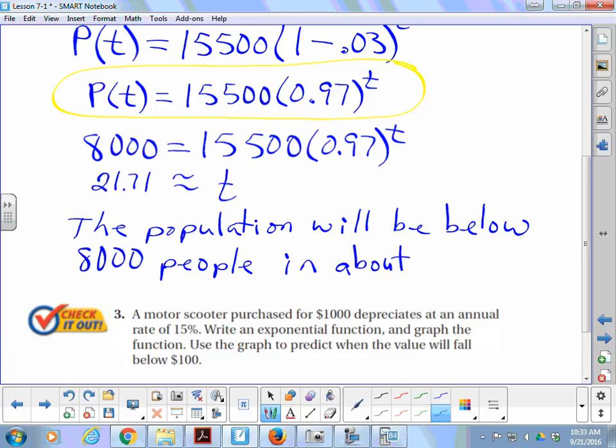Now, before I finish that, I want you to understand 2 things that are acceptable here. One is, I want to see this number, t is approximately 21.71, but the population will be below 8,000 people in about 22 years. Okay, why would I use 22 years instead of 21.71?